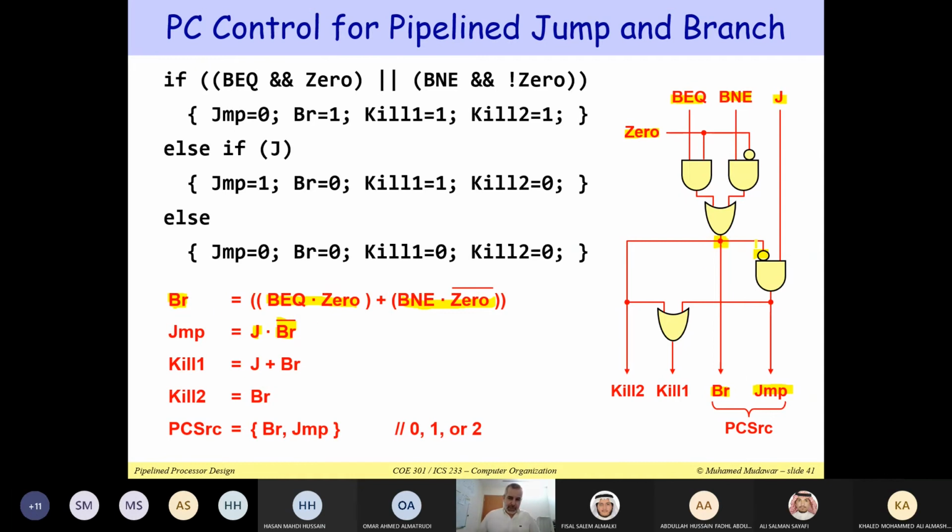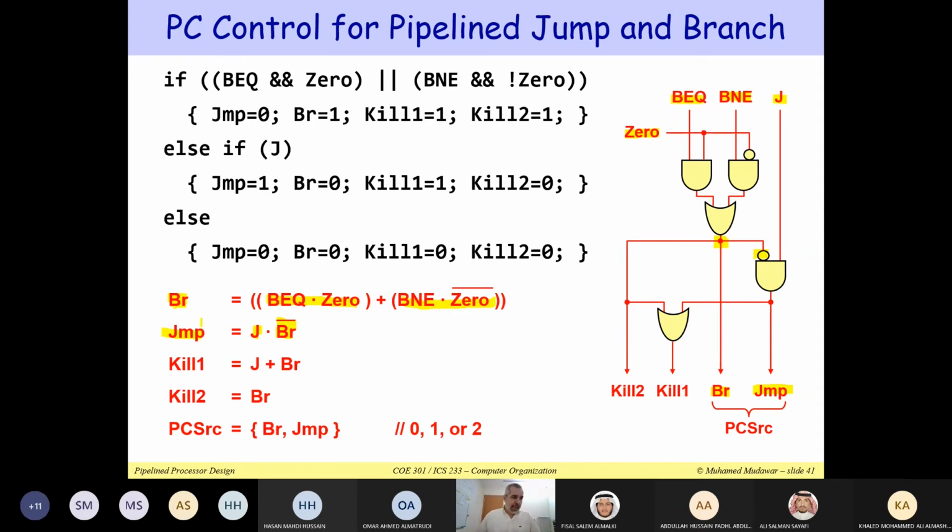So if we are branching and we have the jump, this is actually J control signal equal to 1. In order to jump, we have to have that we are not branching. Because if we are jumping and branching at the same time, then this jump will be equal to 0. So this JMP will be equal to 0 if we are branching. This will take care of the situation in which we have a branch followed by a jump instruction.